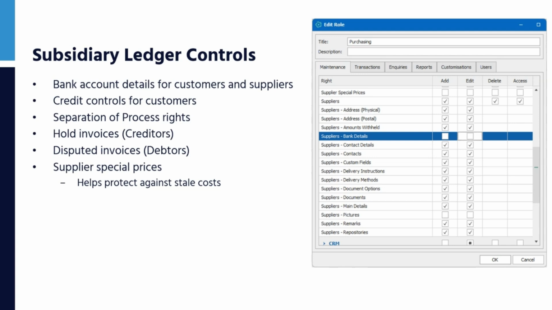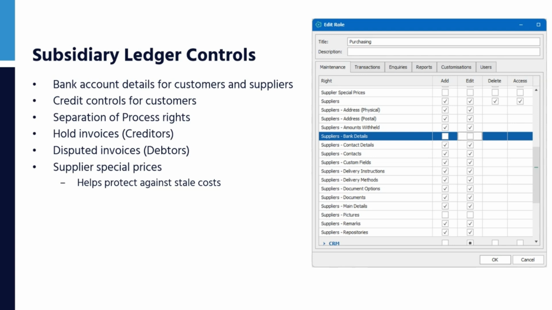That's obviously a hot button topic around the world, where I guess a lot of fraud these days is internally generated, where we see stories every week of people getting busted changing bank account details and having things being paid to their own bank accounts. So by tightening the controls on that, you can restrict who can do that within your organization.